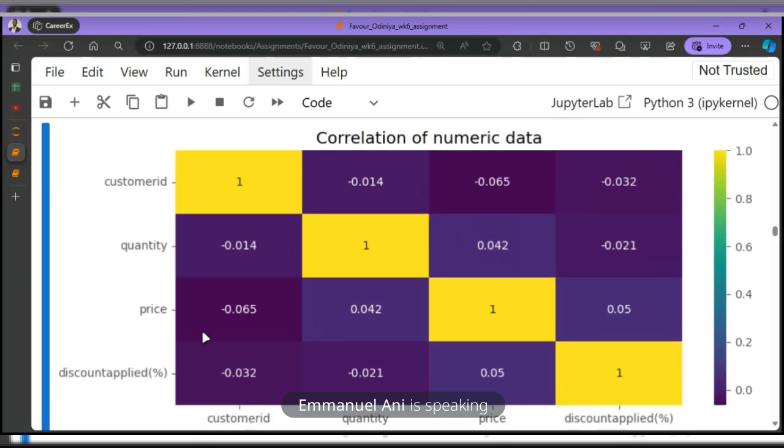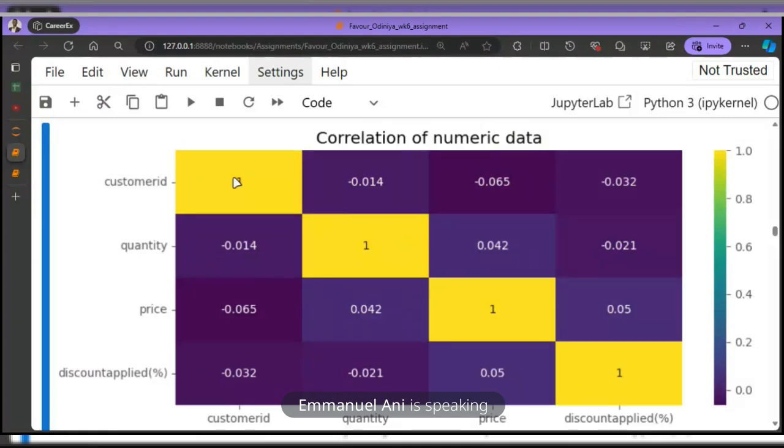So you can see here that each of these squares or rectangles corresponds to a particular correlation value. The negative sign here signifies negative correlation, while the positive sign signifies positive correlation. But I don't think there's a strong correlation, either positive or negative, between these variables.